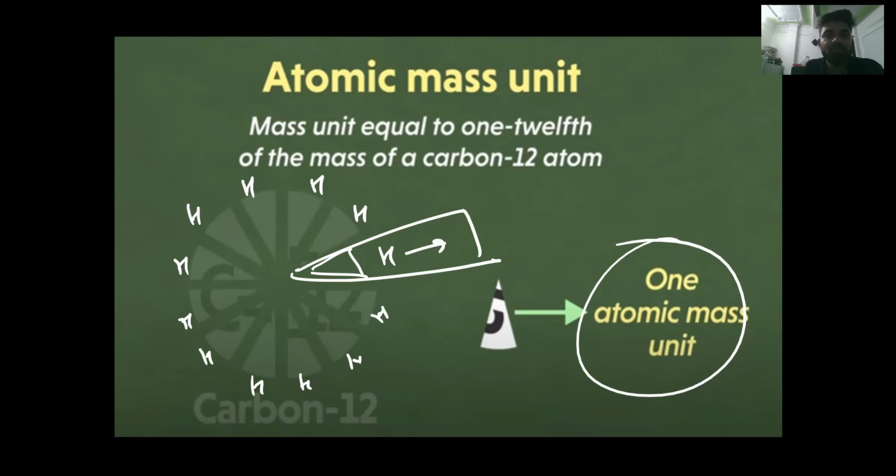For example, let's suppose I have this carbon atom and this one is the magnesium atom. Experimentally we observe that one magnesium atom has the equivalent mass of 2 carbon atoms.